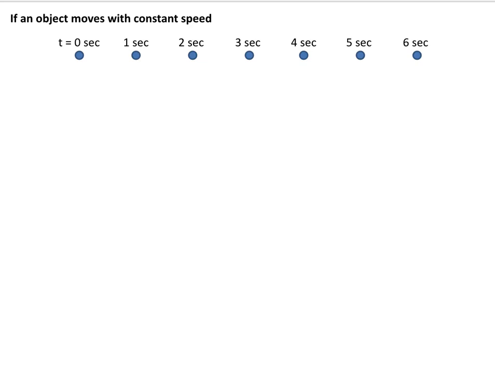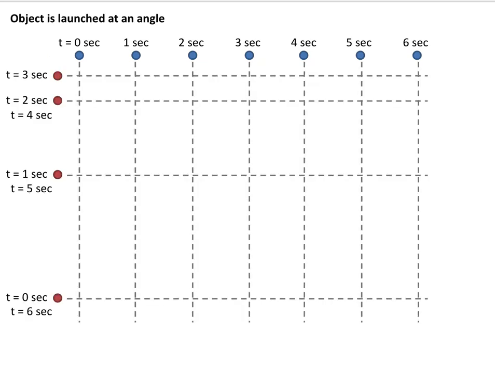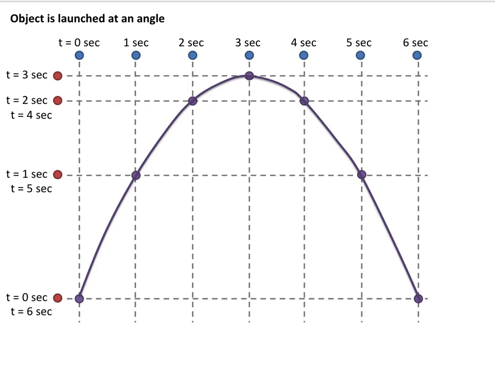So we might picture that as this dot diagram is indicating. If we put the two situations together, the up and down motion that's controlled by gravity, shown by the red dots, and the horizontal motion that doesn't change, that's shown by the blue dots, if we map out second by second where the object would be, we can see where that curve comes from, where the parabola shape of the trajectory comes from.